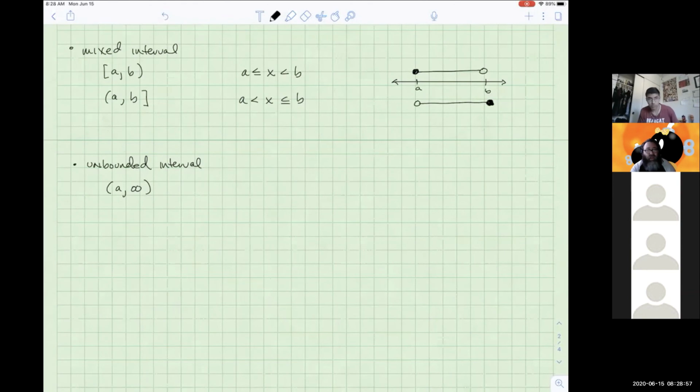It's not a location. You cannot arrive there. It just means that the numbers are getting larger and larger and larger. Another version of this might be closed at A, but we never use a square bracket with infinity. Oops, let me move that.